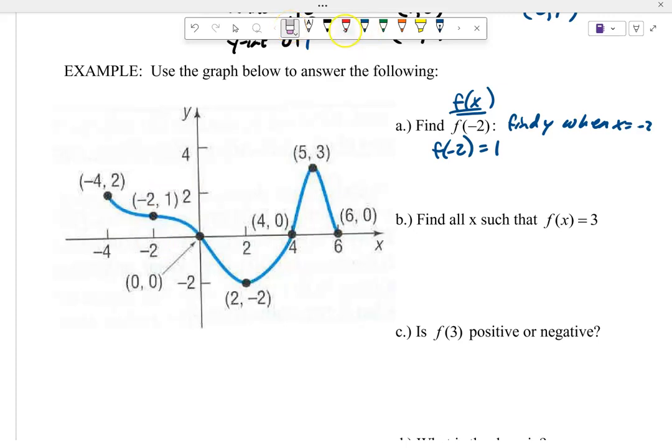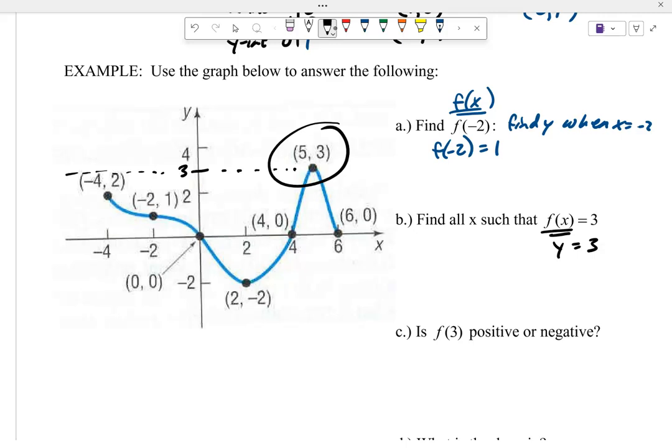Now this part B here is saying find all x values such that f of x, in other words y, is 3. When y is 3, let's go ahead and find a y value of 3. So on the graph, here's a y value of 3. Let's follow it over. There's no y values over here that's 3, but if I follow it over here, oh, there we go.